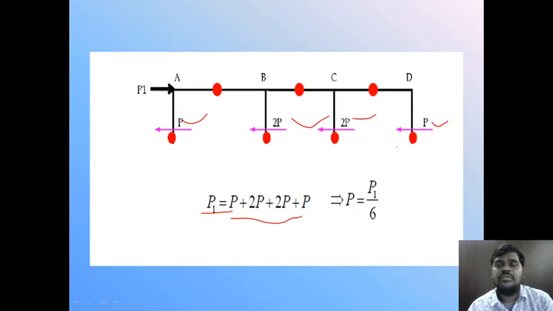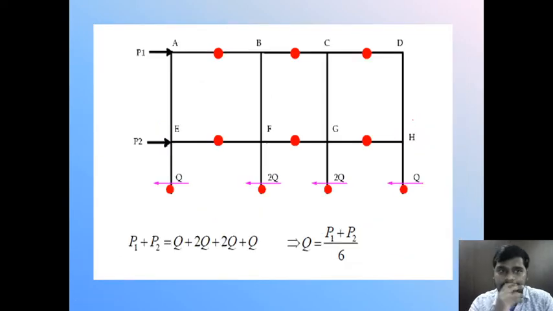These 4 forces are acting in the direction opposite to P1, and P1 can be solved using simple engineering mechanics, as P is equal to P1 by 6. So by that we know the horizontal shear for all the columns.